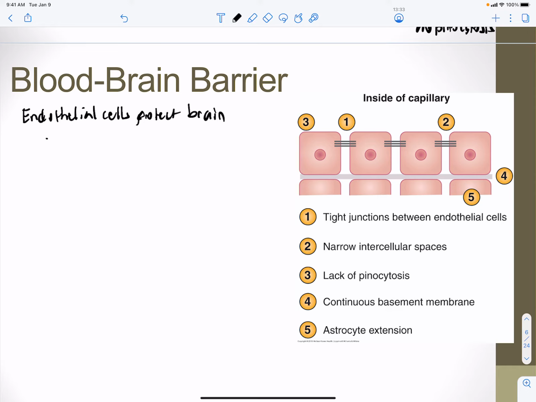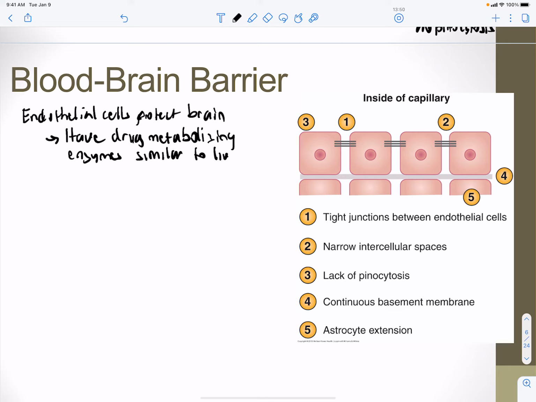So they do have drug metabolizing enzymes, similar to liver. They are going to actively pump hydrophobic molecules that diffuse into the endothelial cells back into the blood.